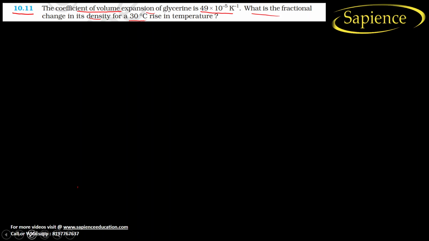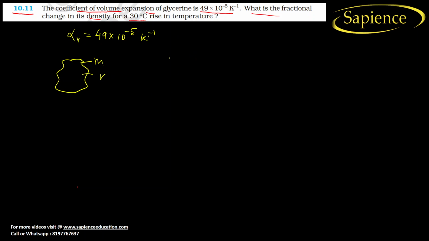So basically, they have given alpha V or gamma, the coefficient of volumetric expansion. So this is equal to 49 into 10 to the minus 5 Kelvin inverse. Okay, and let us consider this is the mass of the glycerin, and this is the volume of the glycerin.